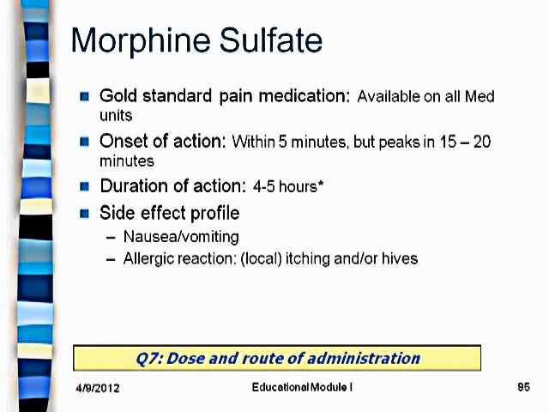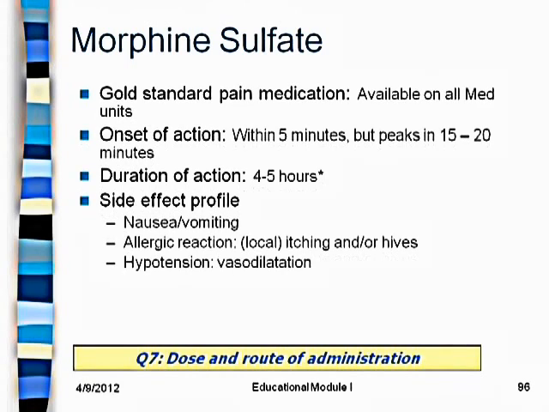This reaction is a result of histamine release and may be limited to the IV site, or it may be generalized. It can be treated with Benadryl. Hypotension may occur due to the vasodilatation properties of morphine. Thus, morphine should be used cautiously in patients with shock or hypotension.